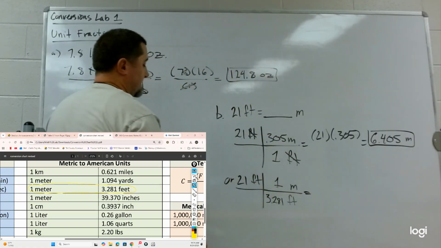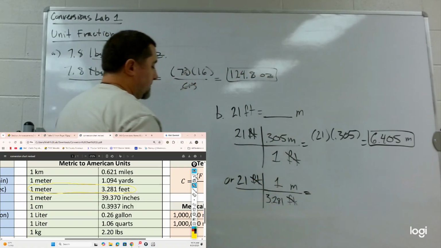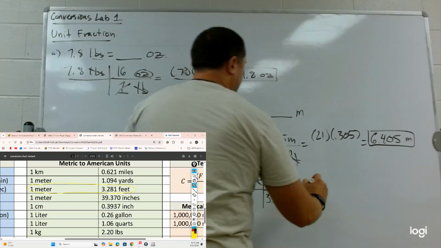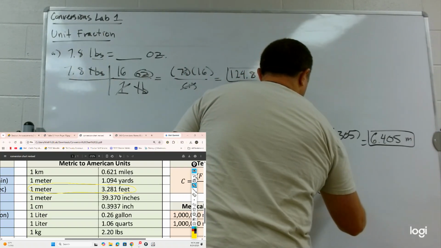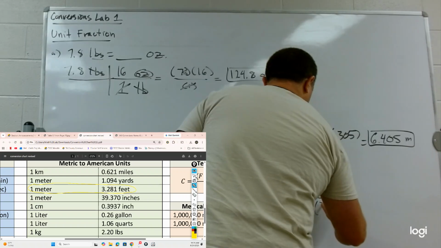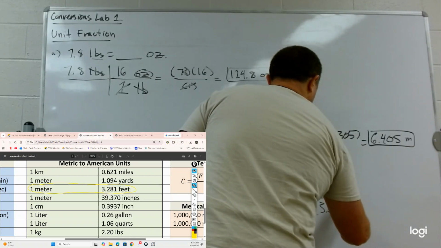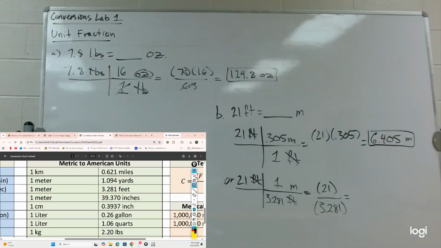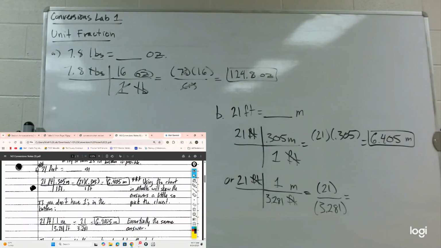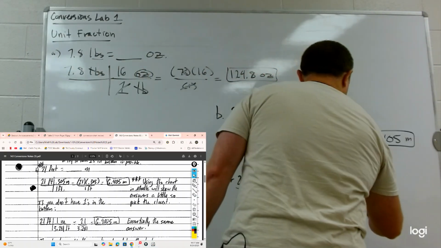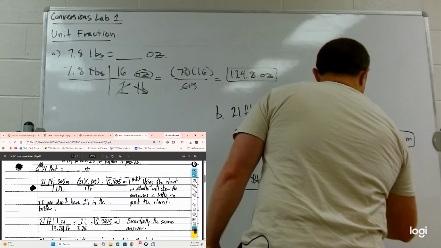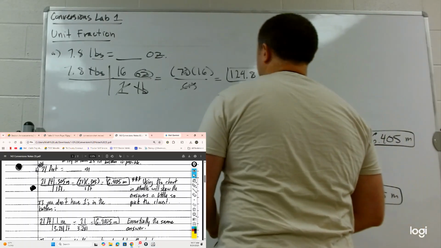How does this change things? Well, you're still canceling out of the feet, but now, instead of multiplying 21 by 0.305, you're going to be dividing 21 by 3.281. When you do that, and again, I'm going to use my notes, you're going to get 6.4005. So a very negligible difference.